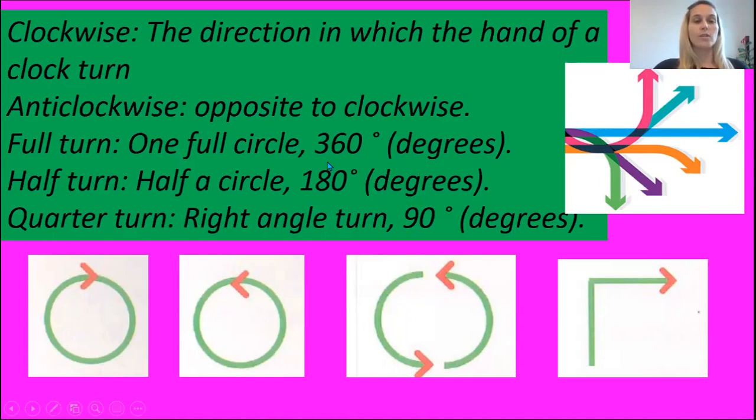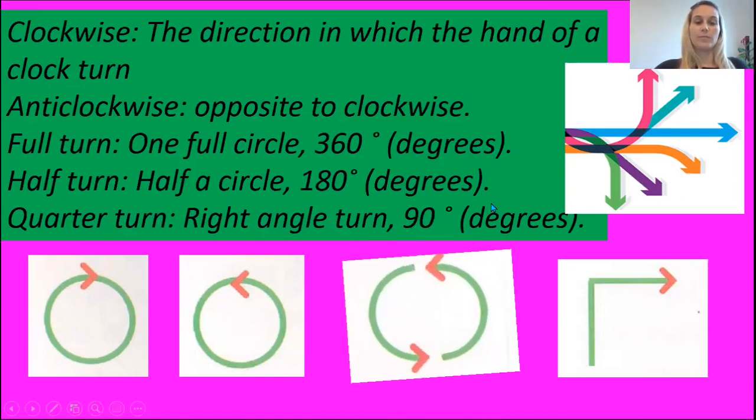Half a turn would be half a circle. If we took 360 and split it into two parts, or divided 360 by 2, we would get 180 degrees. That would be this picture here. And the last one is a quarter turn, a right angle turn, which means 90 degrees.